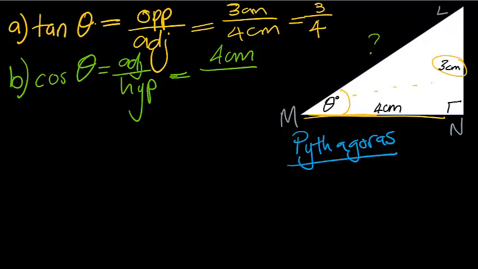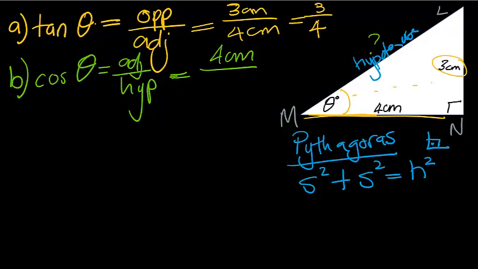Now, according to Pythagoras, if you have a 90-degree angle triangle, then you can apply the theorem of Pythagoras. And Pythagoras says that side squared plus side squared is equal to hypotenuse squared. So the word hypotenuse is the same whether you are using Pythagoras or whether you are using trigonometry.